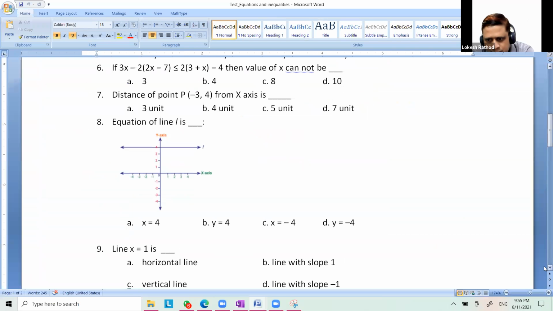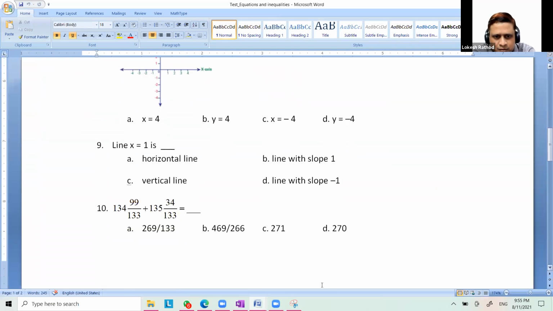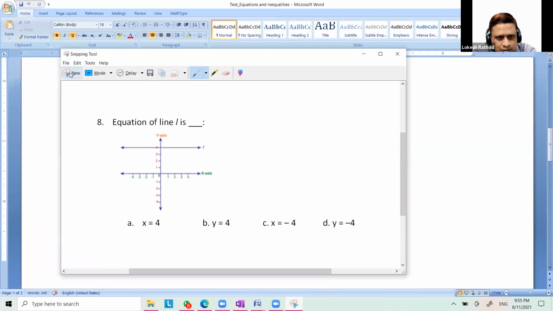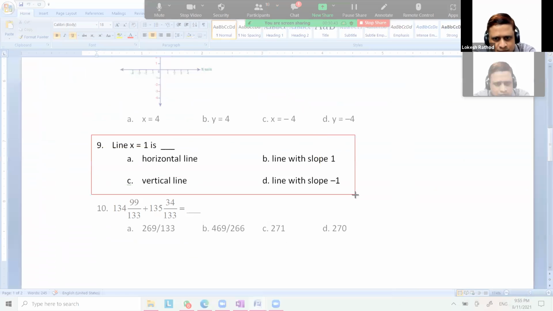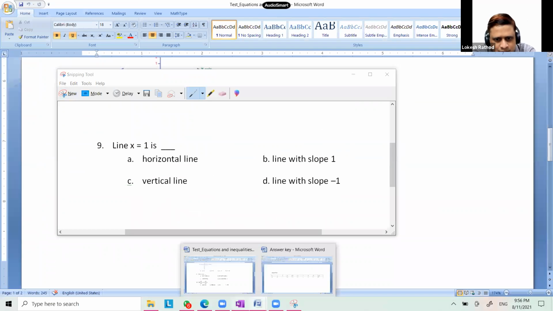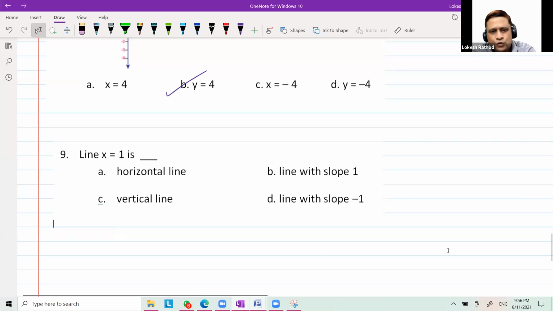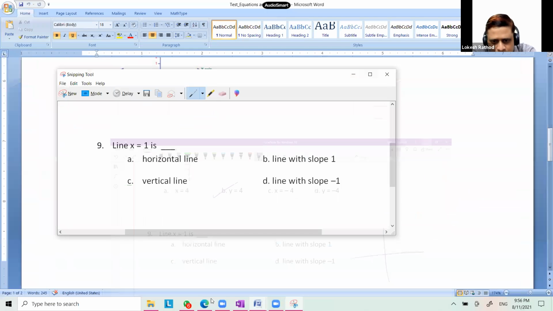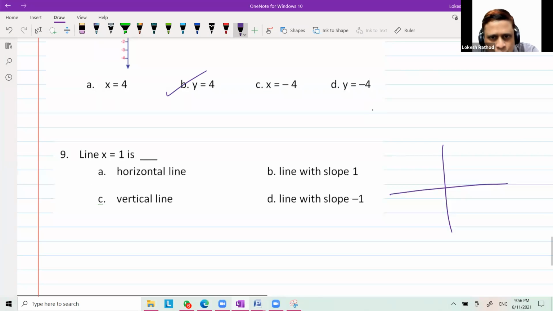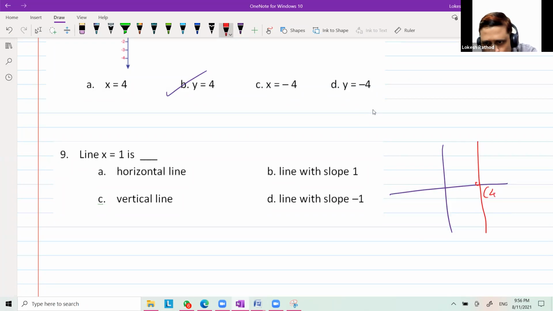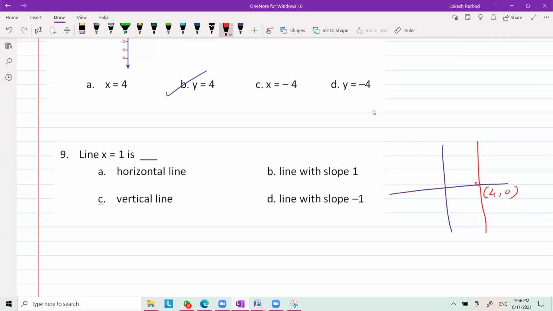Then we have 9. Line x equal to 1 is a vertical line. Line x equal to 4 will be a vertical line passing through the point (4, 0).